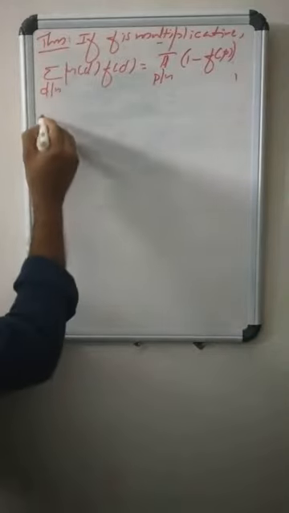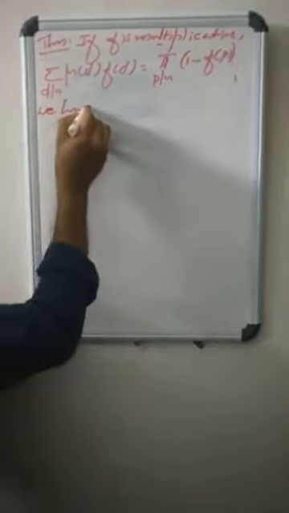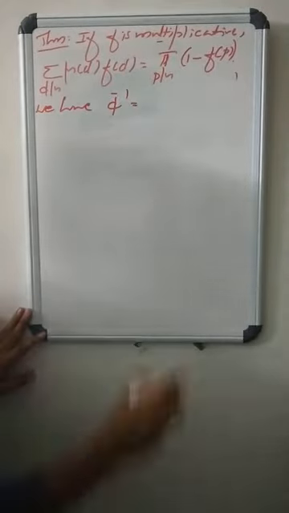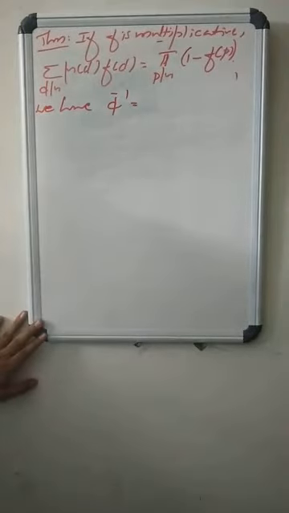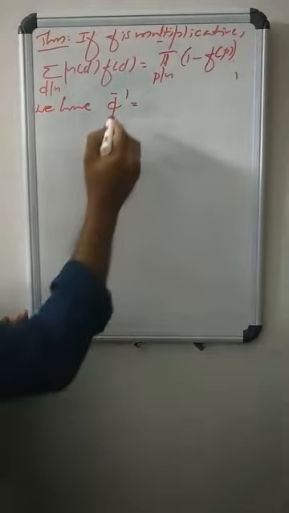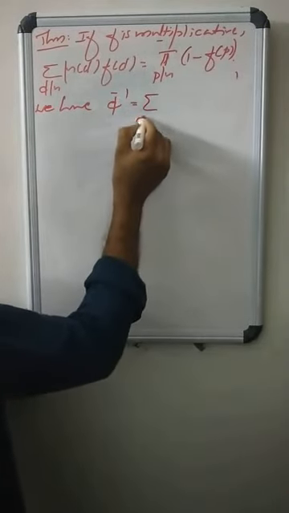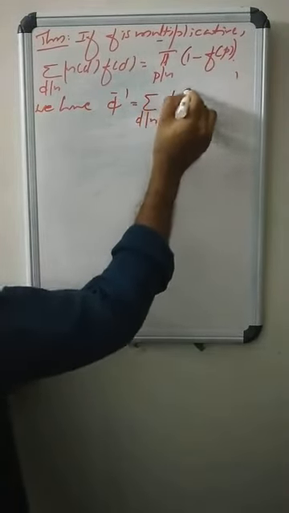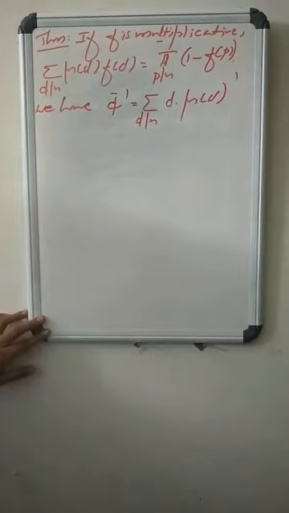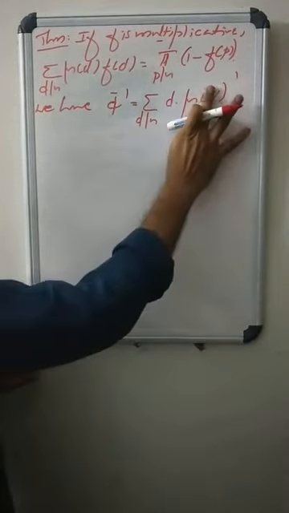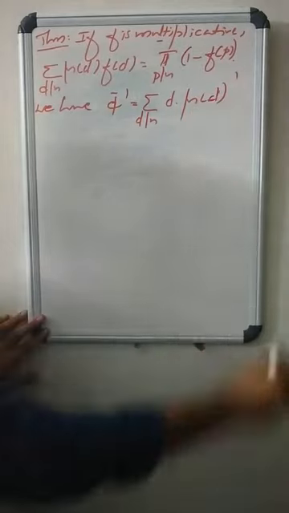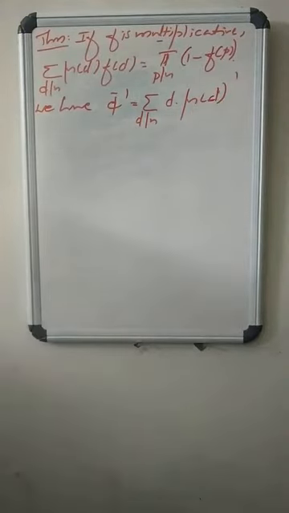What is phi inverse? We have phi inverse equals the inverse of the Euler function. We already proved that it is sigma over d divides n of d into mu of d.